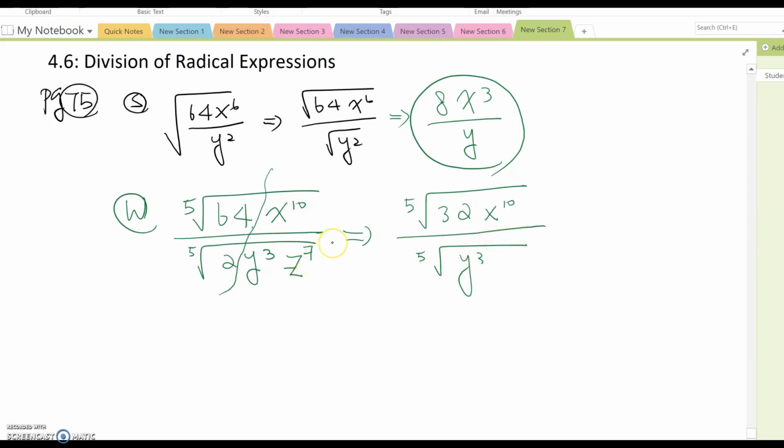Now for z^7, one z can come out because 7 divided by 5 is 1 times 5 and then 2 left. So 1 z comes out of the radical expression, and z squared is left inside the radical.